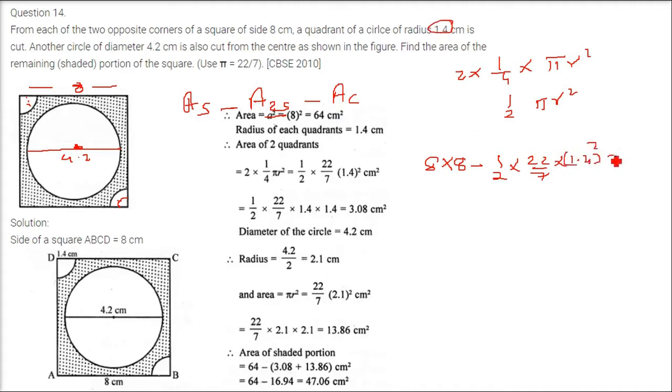And then we have to subtract the area of the circle inside also. This is 4.2, so radius will be 2.1. So it will be pi into 2.1 whole square. So this is going to be 64, and this is going to be 3.08, and this is going to be 13.86. And you get 47.06 centimeters square as the result.